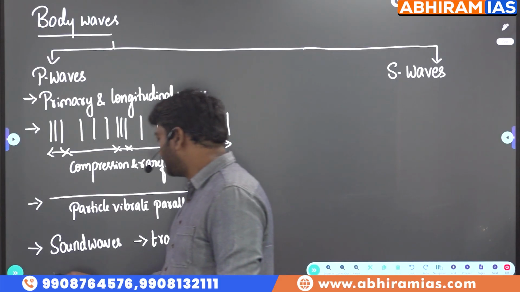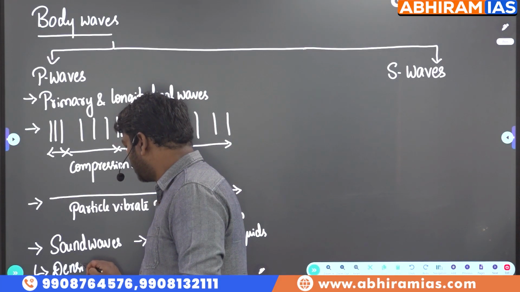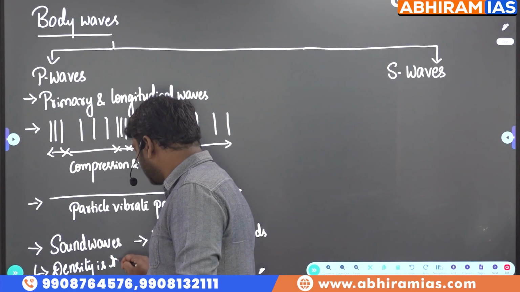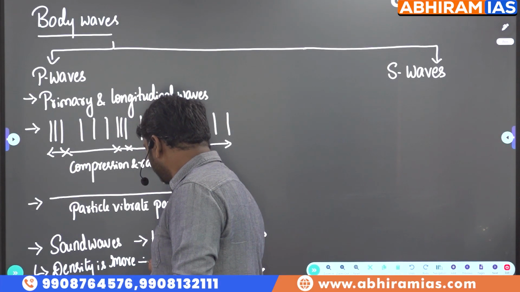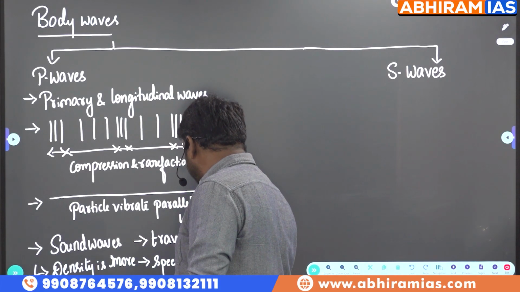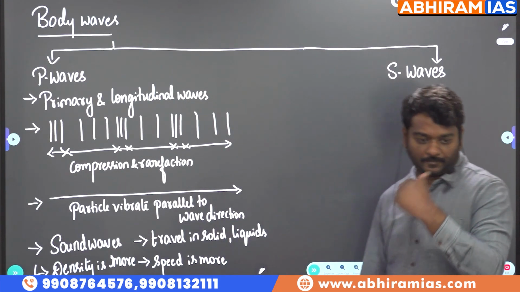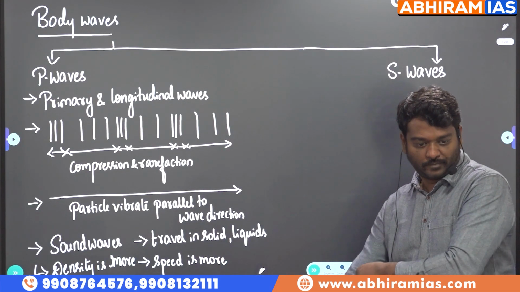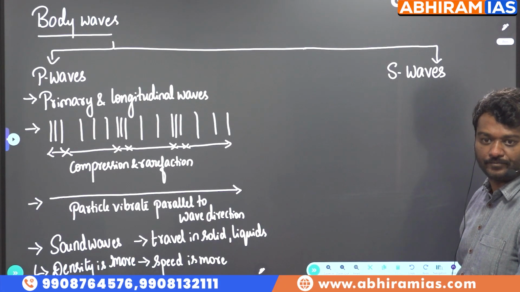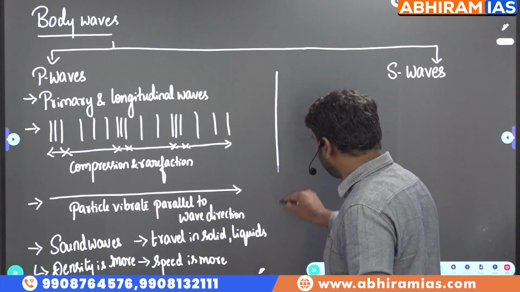And at last, if density is more, speed is more. All these are with respect to P waves.